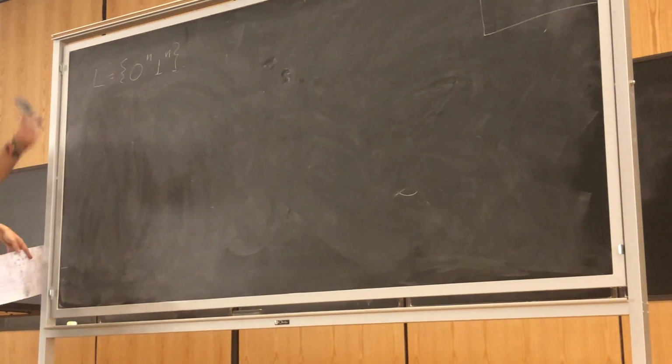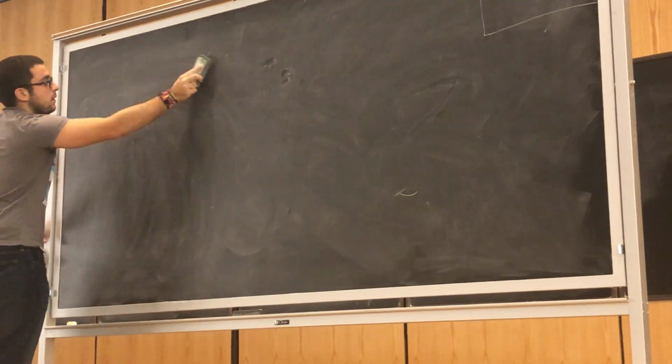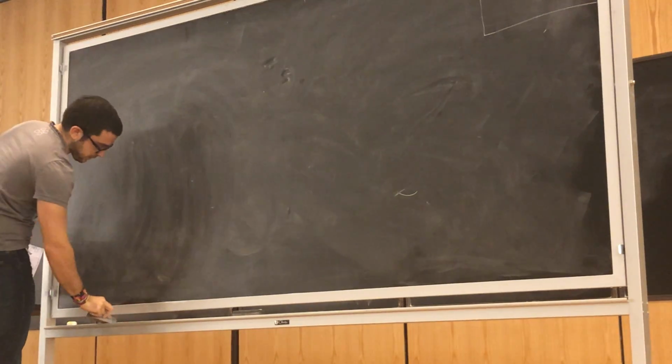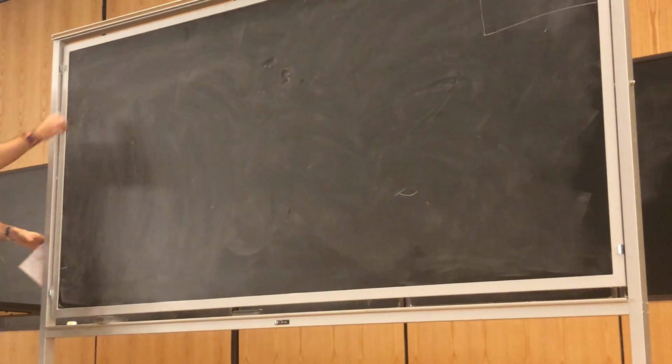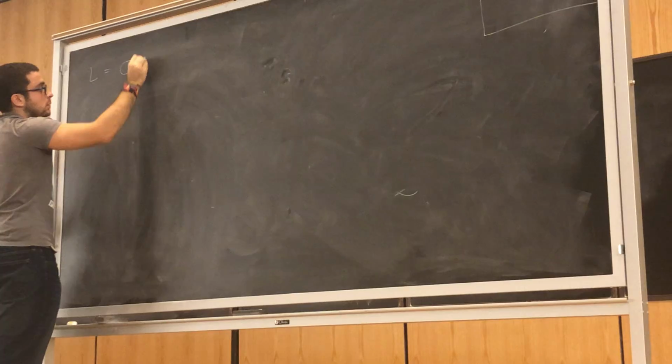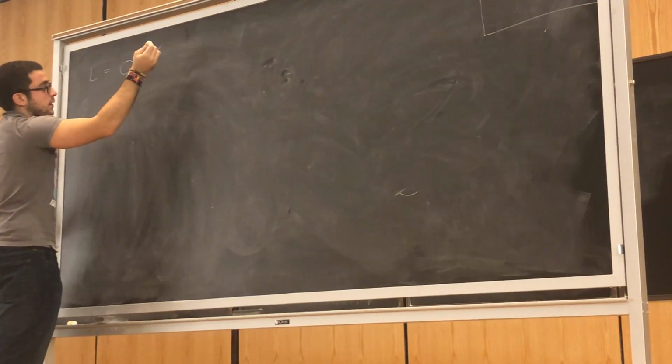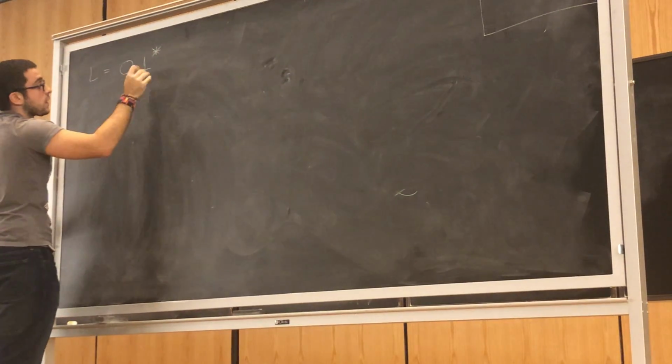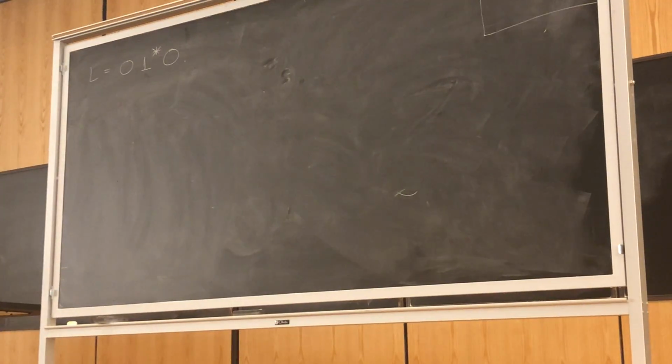I would not like to dwell into that much detail today. I will give a simpler example. The language that we would like to recognize this time consists of a 0 followed by an undefined number of 1s that ends with a single 0.